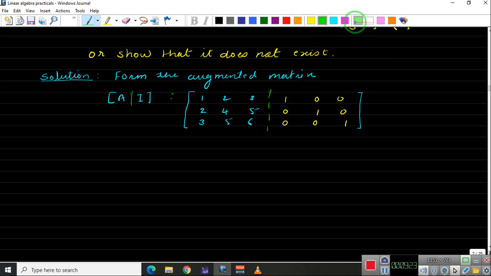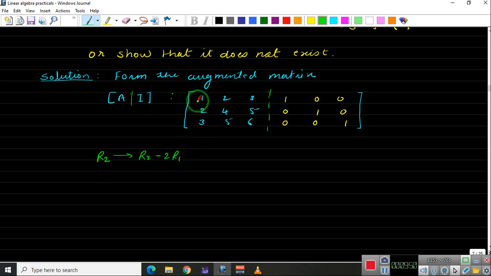We will use some other color. Let us first apply the operation. We'll make this term 0. Let us make this 0 by using this. To make this 0, R2 will change to R2 minus 2 times R1.